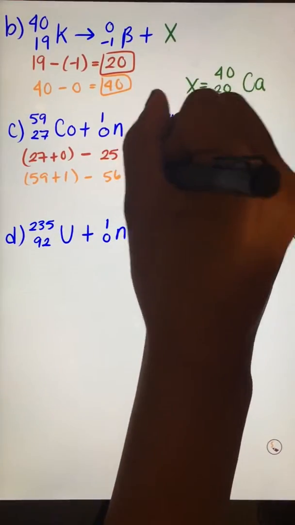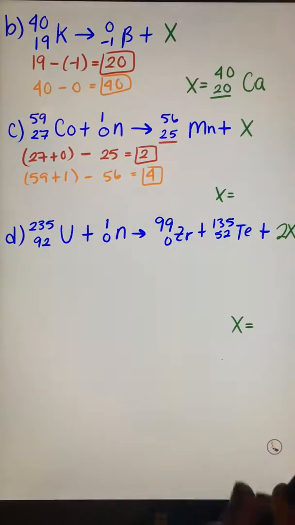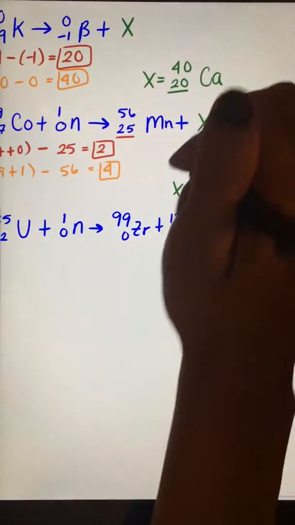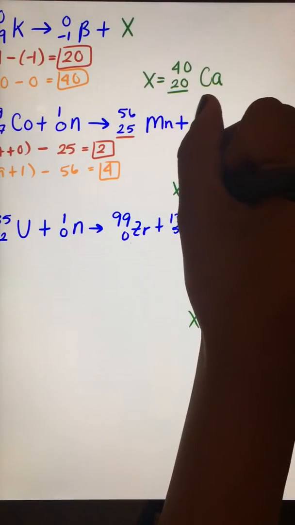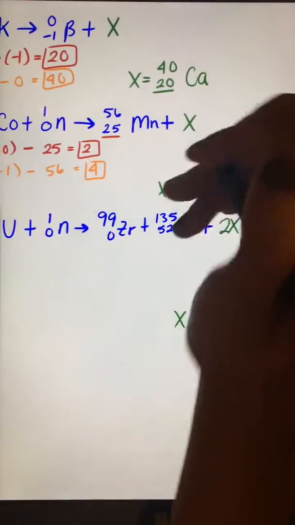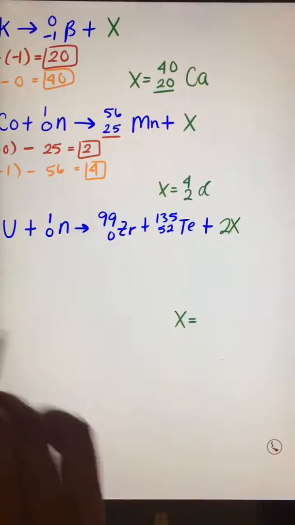That will leave you with a nuclear mass of 4. Therefore, X has 2 protons and a nuclear mass of 4, and it is alpha.